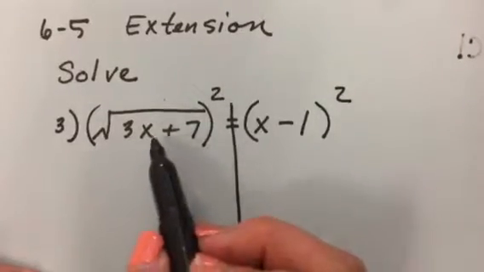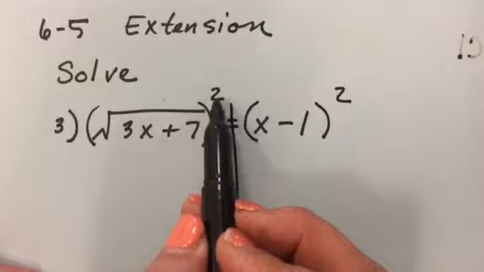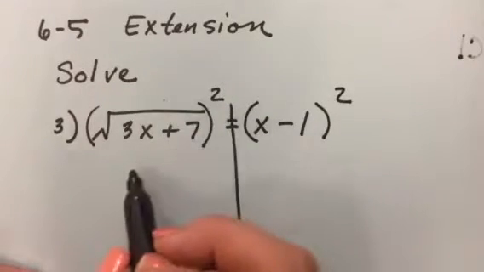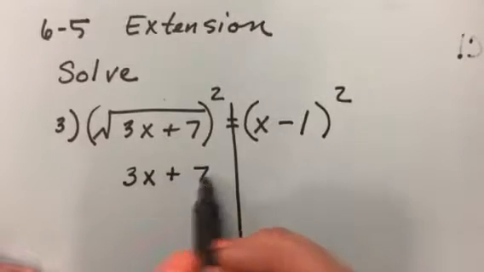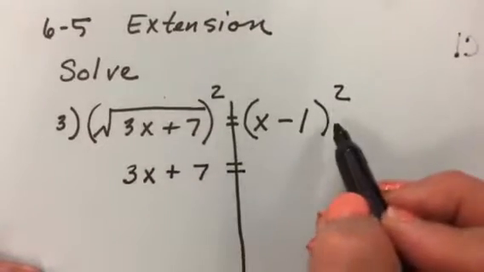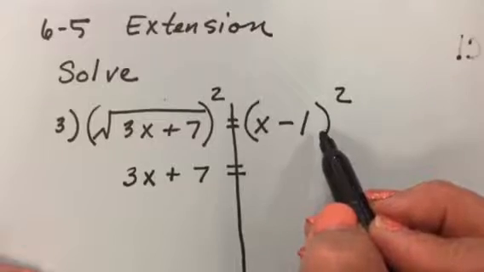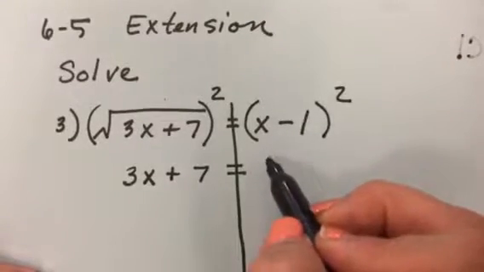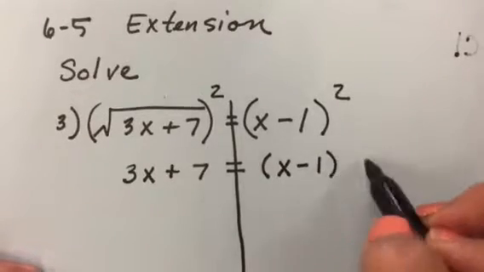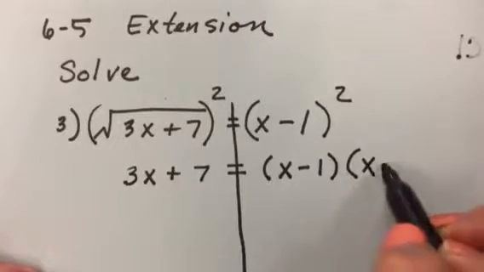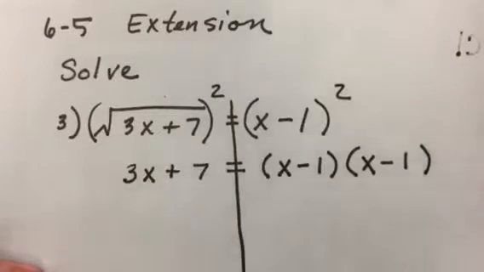Now, looking at the left side, since my square undoes the square root, I'm going to just get the expression 3x plus 7. But now, looking at the right side, I have x minus 1 squared. That's a binomial squared. So I need to expand it, and I want to do that by FOILing.